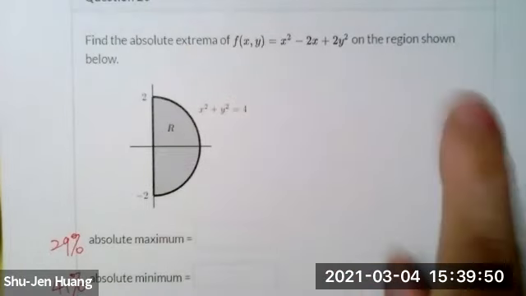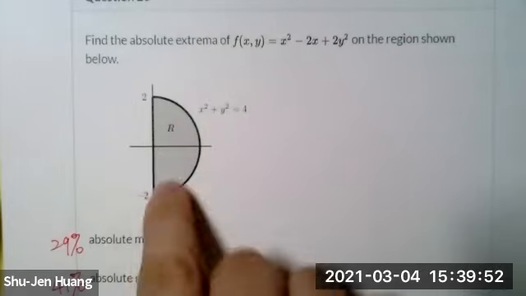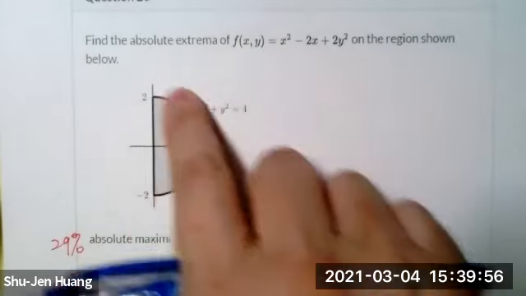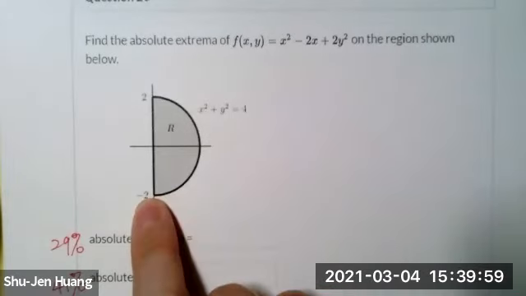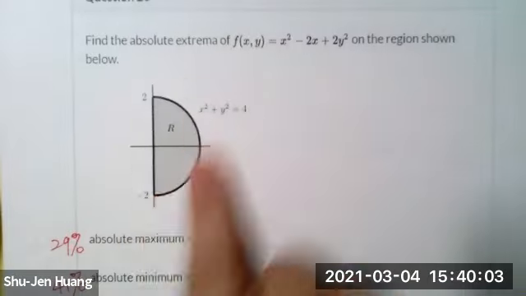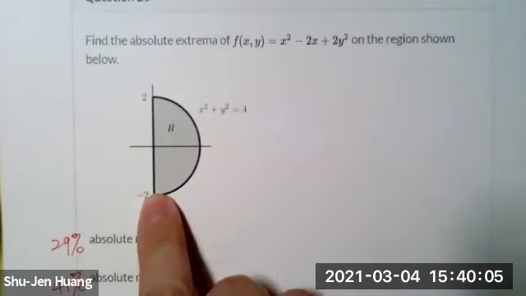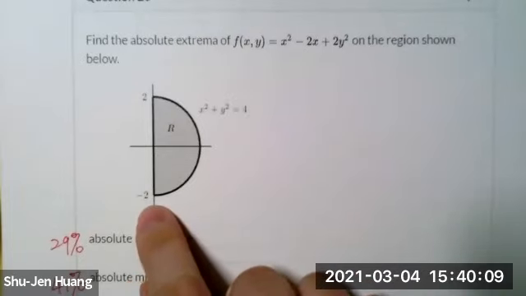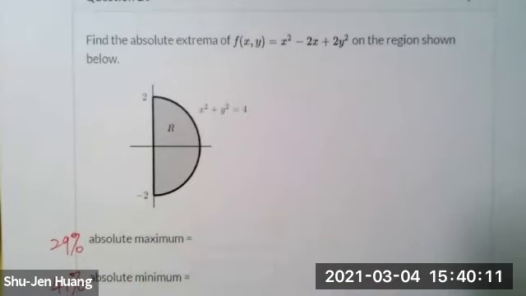In order to use the Lagrange multiplier, we need to write the boundary as one equation. Are we able to write the entire boundary as one equation? No, it's two separate equations. One is the line segment, the other one is the half circle. So in this case, we cannot use the Lagrange multiplier.